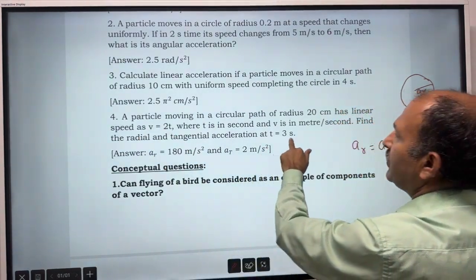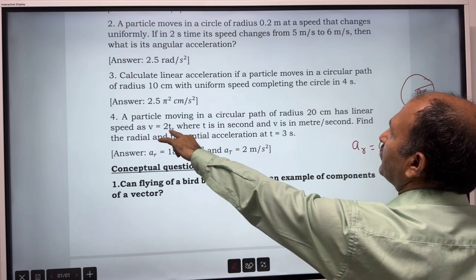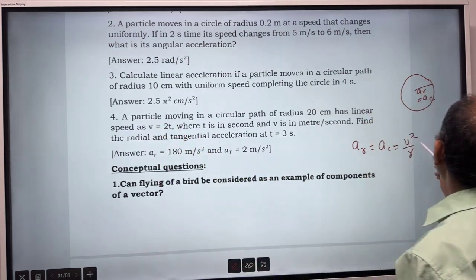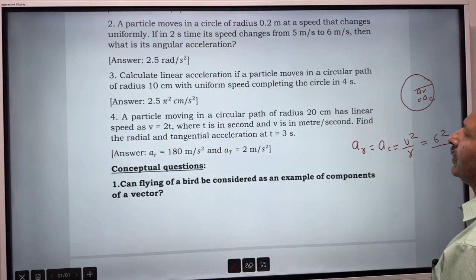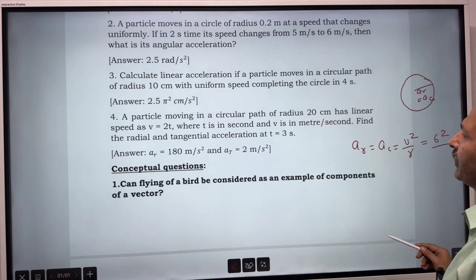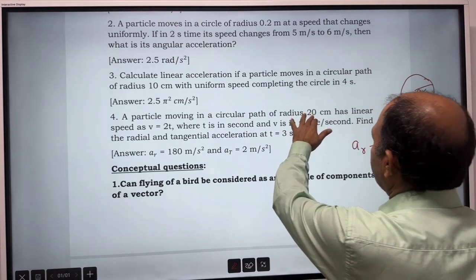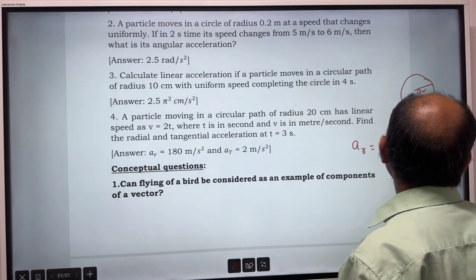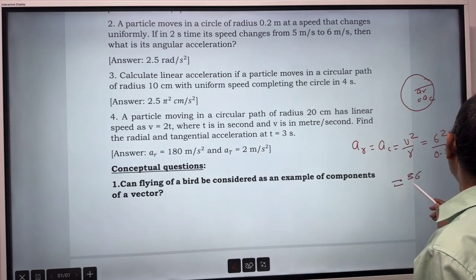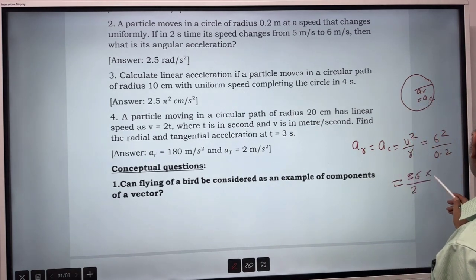V is given, time is given. So it will become 6. So 6 square divided by R. What is radius? 20 centimeter. So 0.2. This is 20 centimeters, 0.2 meter. So this will become 36 divided by 2 into 10. This 5.